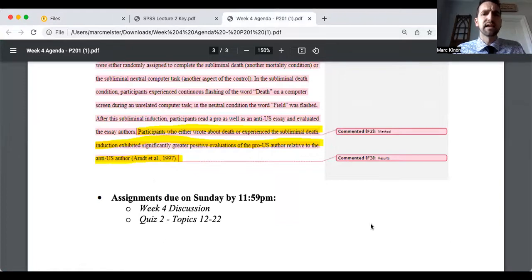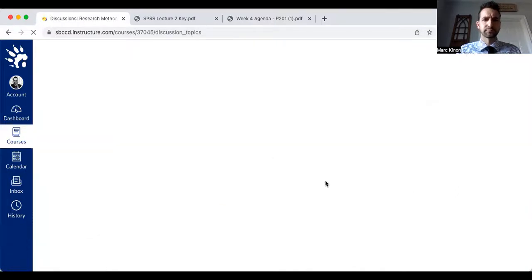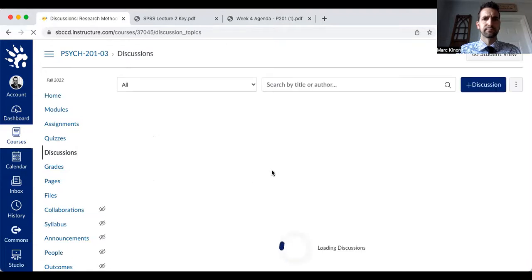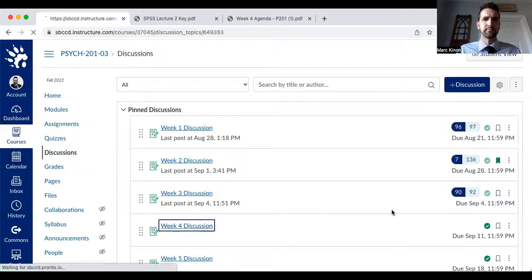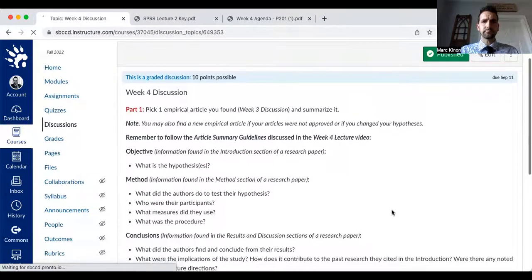So what's due Sunday by 11:59 p.m.? It's going to be the week 4 discussion. And all it says is part 1, pick 1 empirical article you found from the week 3 discussion and summarize it.